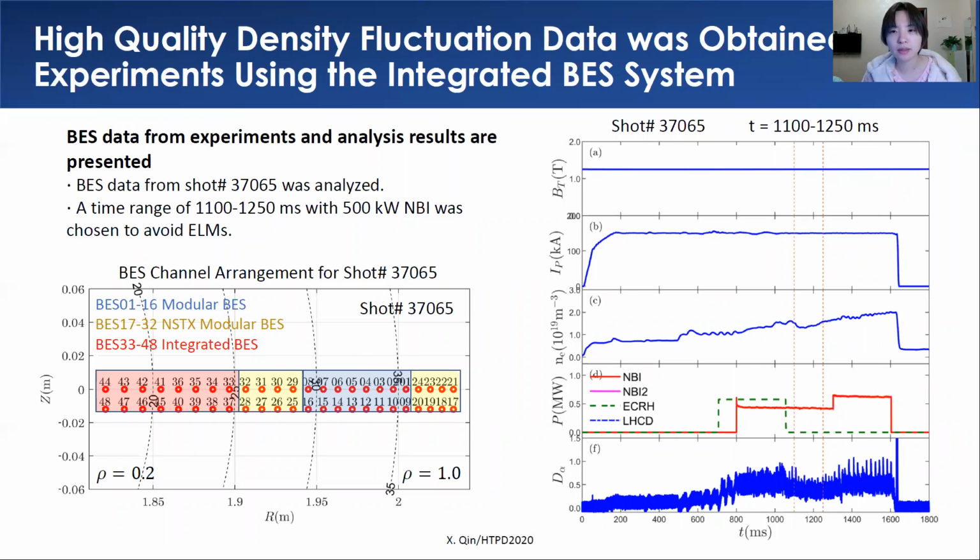High-quality density fluctuation data was obtained from experiment using the integrated BES system. BES data from shot number 37065 was analyzed. A time range of 1,100 to 1,250 milliseconds was chosen to avoid ELMs.